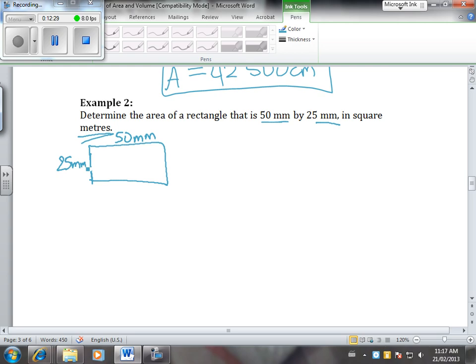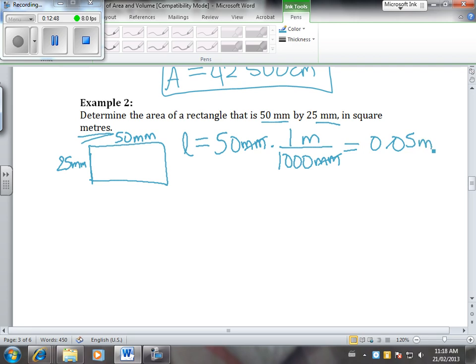We'll convert. For length, we have 50 millimeters. We know that in 1 meter there are 1,000 millimeters. So we end up with 0.05 meters, which is pretty small, which is what we thought we would see.